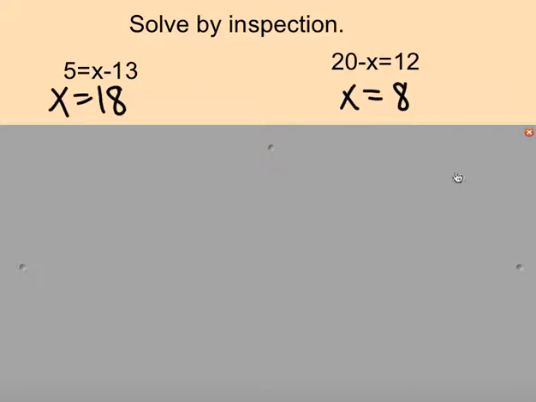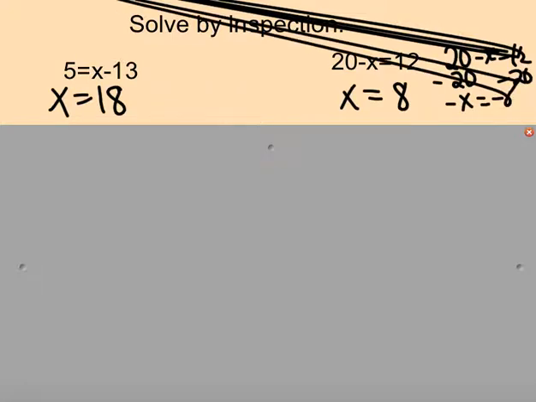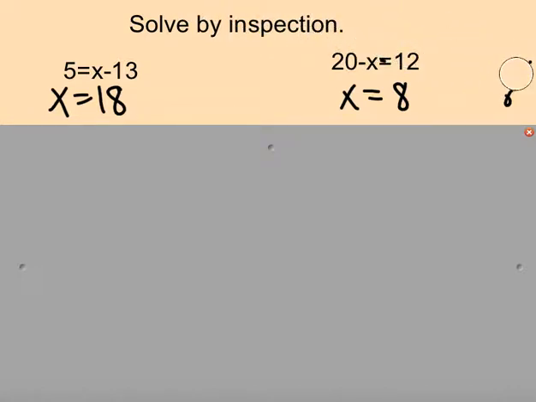This is really good for things like this one, where normally with our method we would say 20 minus x equals 12, so let me take away the 20, and I would have negative x equals negative 8. What in the world does that mean? In this case, all we have to do is think about it logically and see that the answer is 8, because 20 minus 8 is the only thing that gives me 12.